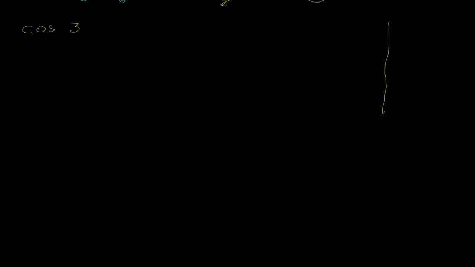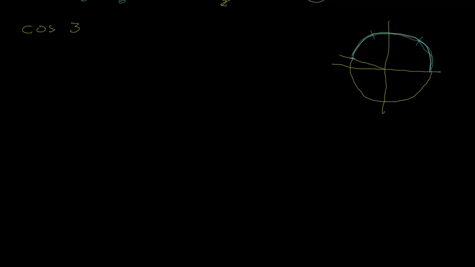Now, that 3 we know is a little less than pi, so it's a pretty shallow angle. This angle is about like that. I mean, that's the arc length 3. Here's about 1, here's about 2, and there's about 3.